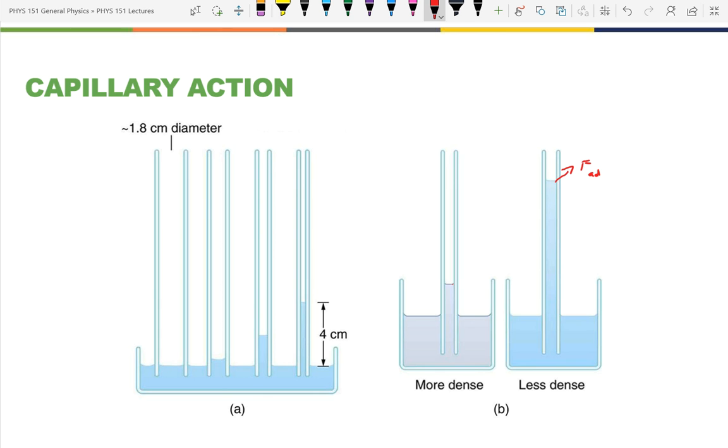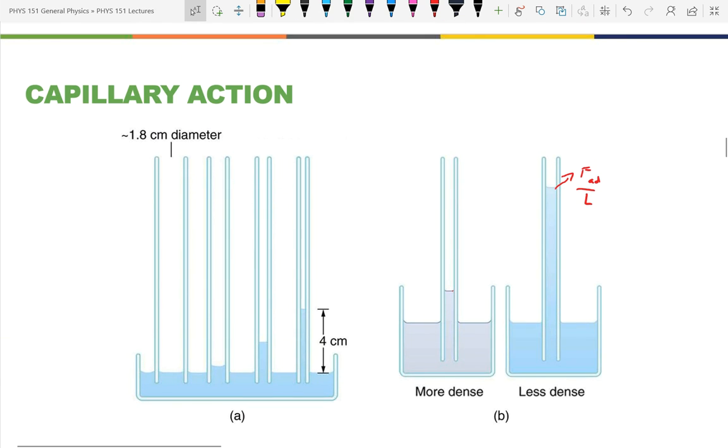There's a certain force per length. And so the force adhesion is that force per length multiplied by the length, which again is a circle, 2 pi radius. And we have to consider the angle. So the upward force times sine of theta.